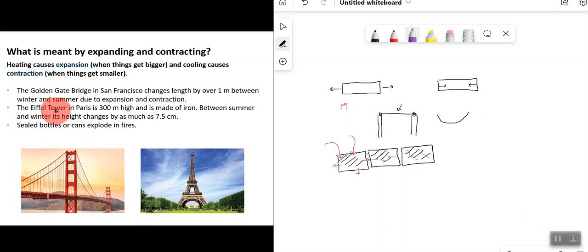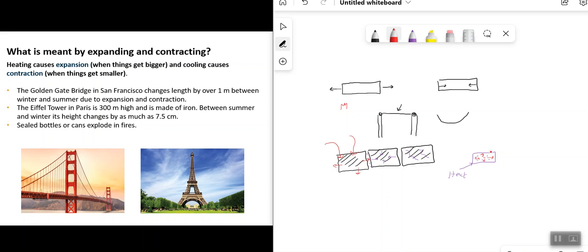Another dramatic example is that if you have a sealed bottle or a can and it's put into a fire, it will explode. If you take, let's say, an aerosol can like this, inside the can you have gas particles. If you add heat, those gas particles get a lot of energy and bang against the side of the container.